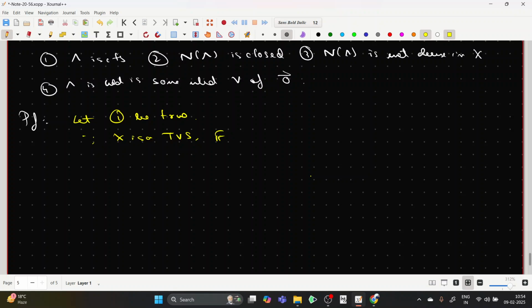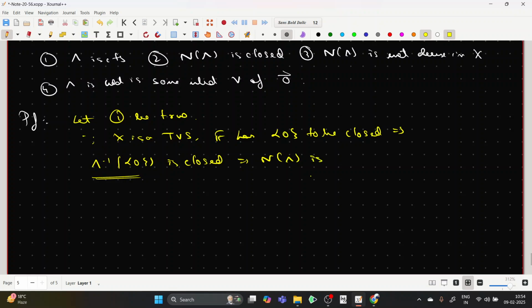We know that the singleton sets are closed. So F has {0} closed, lambda is continuous, this means lambda inverse of this is closed, but recall that this is exactly the definition of the null space, which implies the null space of lambda is closed.